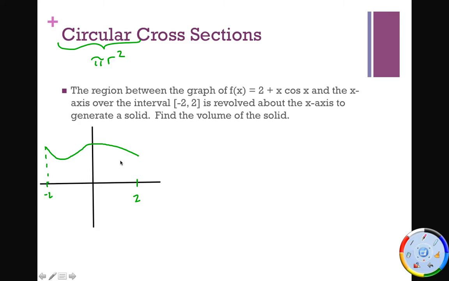So we're looking at this thing here. It's a much more interesting shape. And then if we were to rotate this around the x-axis, this would create a solid that looks a little bit like a vase. And I would use the picture from the textbook if I were you, if you wanted to see what that would look like.